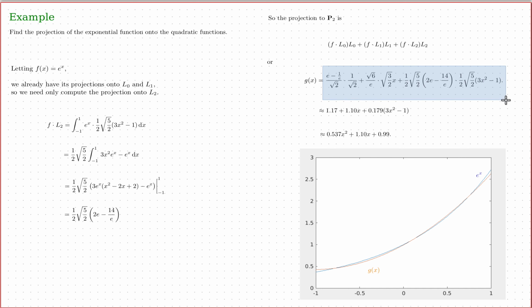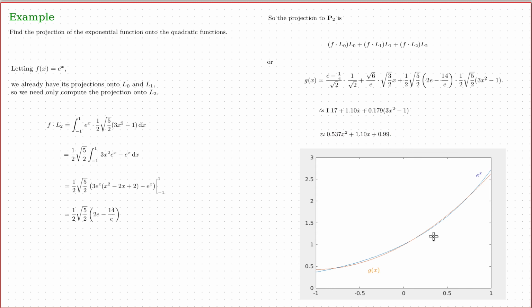It looks like a bit of a mess, but if you crunch the numbers, you get this, and then if you add up like terms, you end up with approximately 0.537x squared plus 1.10x plus 0.99. And so that is approximately the quadratic function which best approximates the exponential function in the sense of L2 on the interval from -1 to 1.